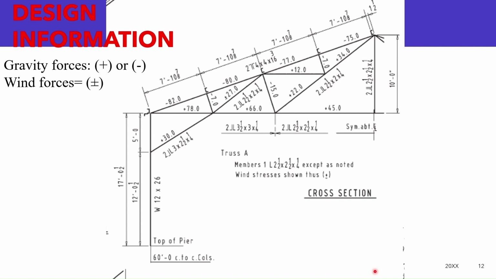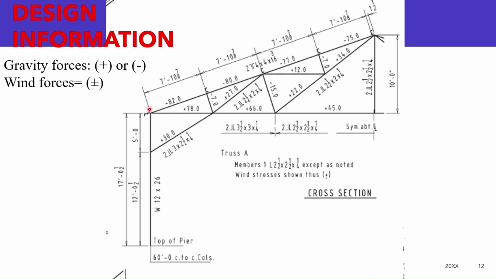The wind forces are given by plus-minus designation to indicate tension or compression because the wind may blow in either direction against the sides of the building. The gravity forces, because they are produced by loads which act in only one direction, are either positive or negative, never both.